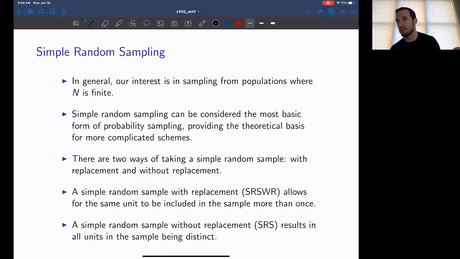So if your sample size is little n, you could technically observe a sample with the exact same observation over and over again. And we designate that scheme simple random sampling with replacement, and we call that SRSWR.